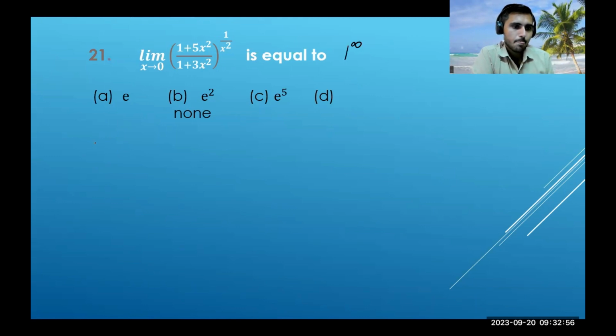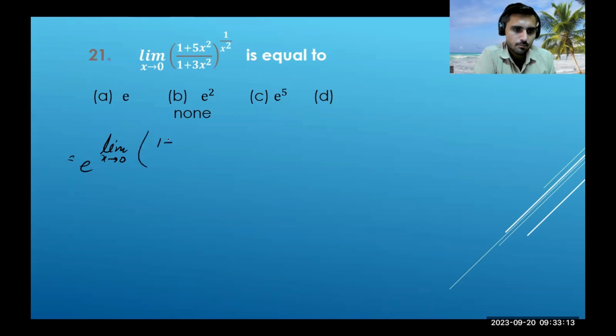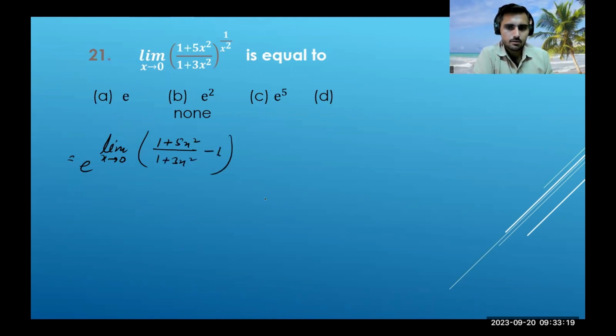We have a 1 raised to the power infinity form, so we'll write it in exponential form, e raised to the power limit x tends to 0, of 1 plus 5x square upon 1 plus 3x square minus 1, right?